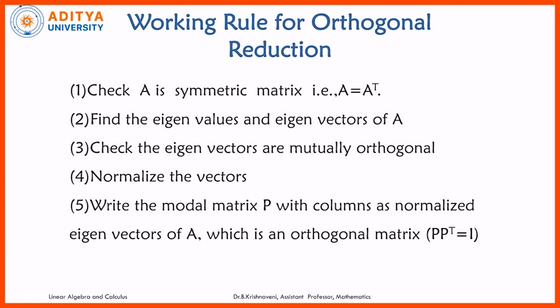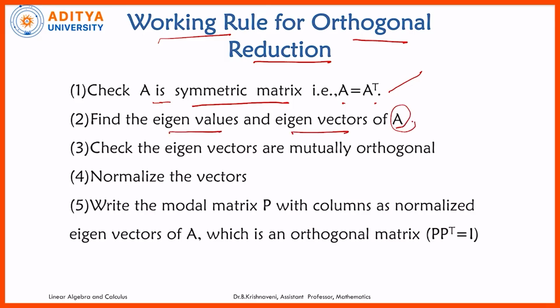Now let us discuss the working rule of orthogonal reduction. First, check whether A is a symmetric matrix, that is A is equal to A transpose. Next, find the eigenvalues and eigenvectors of A. Check that the eigenvectors are mutually orthogonal.